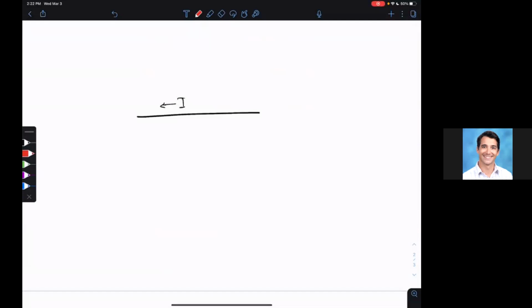So I grab onto this with my right hand. Hopefully everybody sees that on the top.